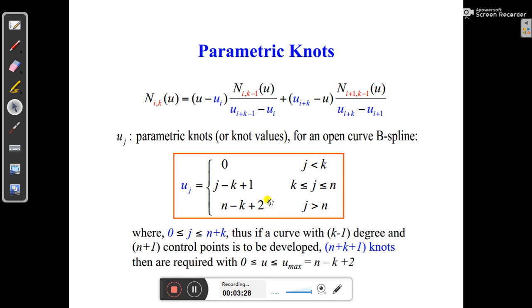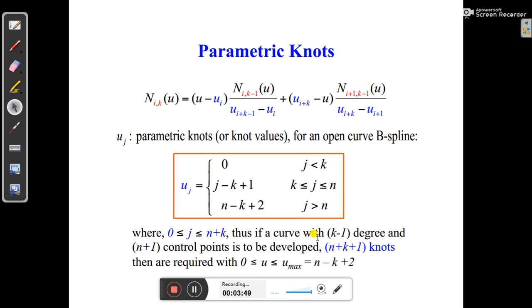So what is the value of n? n is the number of control points. uj will be 0 if j is less than k, where 0 is less than or equal to j, less than or equal to n plus k.